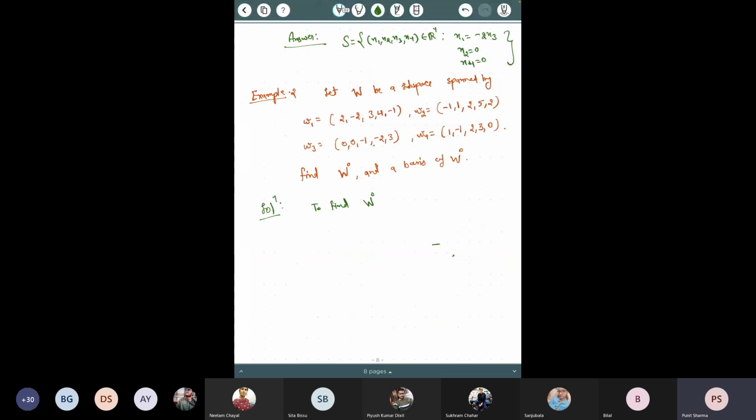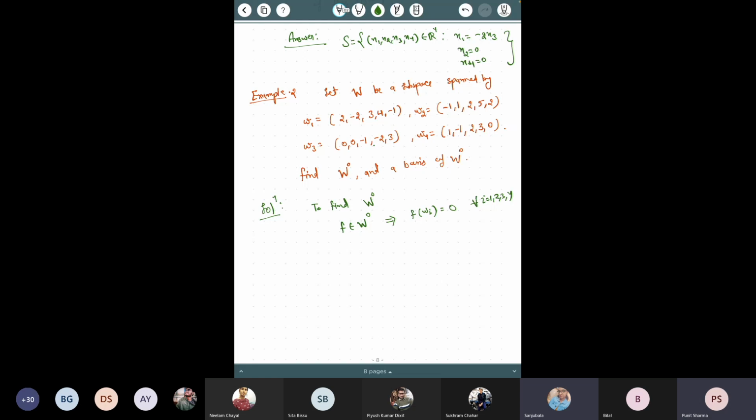It means that if I take any f in W naught, then f of w_i is 0. f of w is 0 for all elements in W, but it is sufficient to say that f of w_i is 0 for all i equal to 1, 2, 3, 4, because W is spanned by these. So if this is 0, then it is 0 for every w. Do you agree with me?